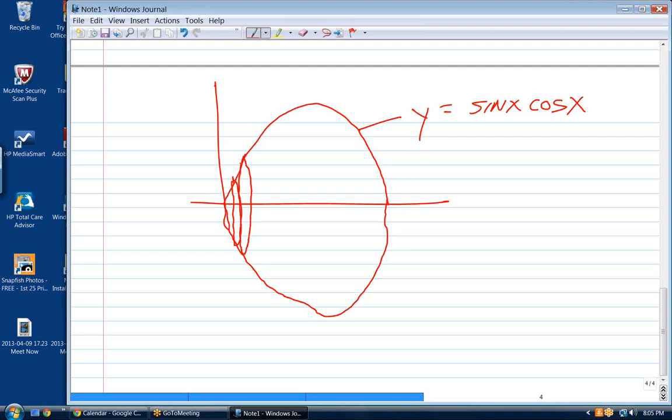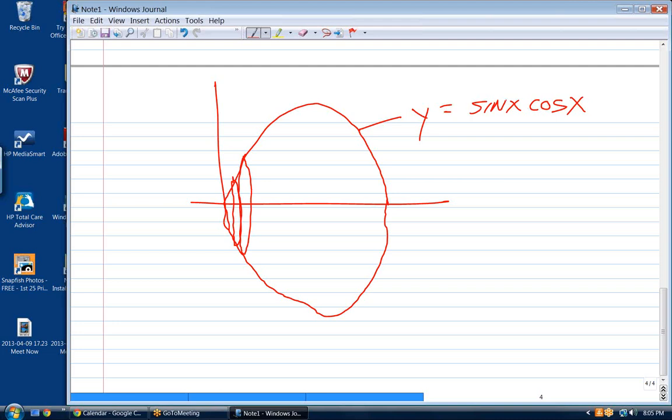Because our function is a function of x, we'd rather integrate it with a dx. Now, it's not to say we couldn't do it horizontally, but not easily. If we do it horizontally, we're going to have to integrate it dy, and then we're going to have to solve this for x, and that's not easily done.